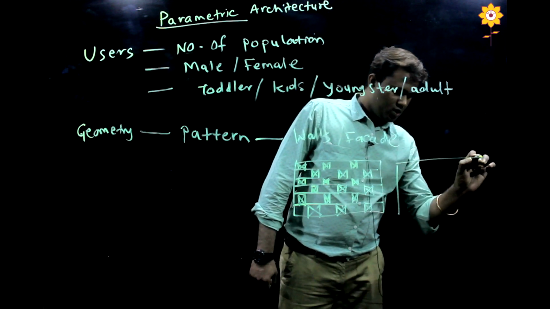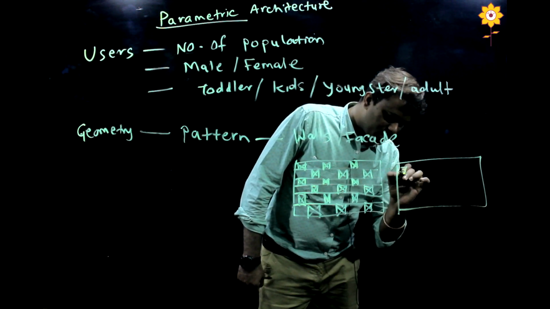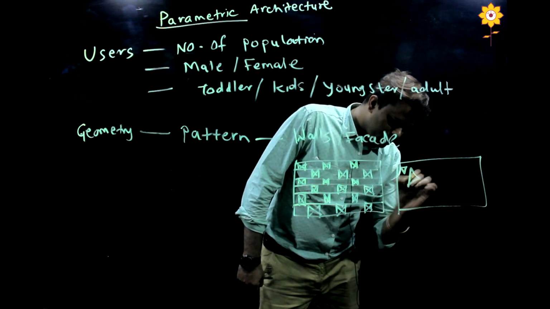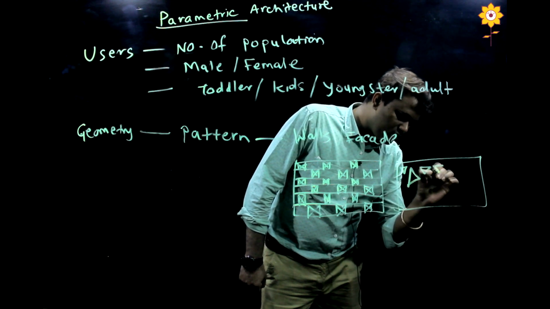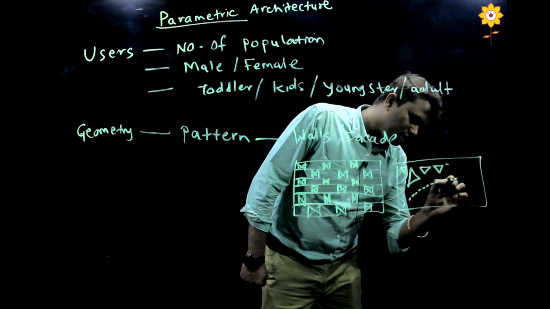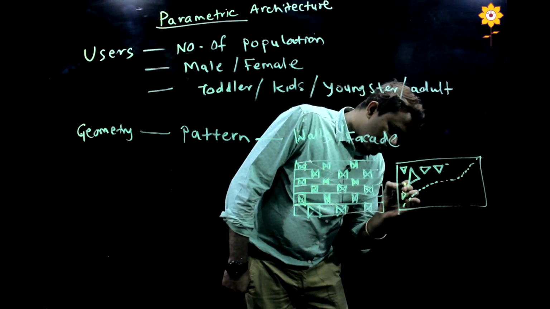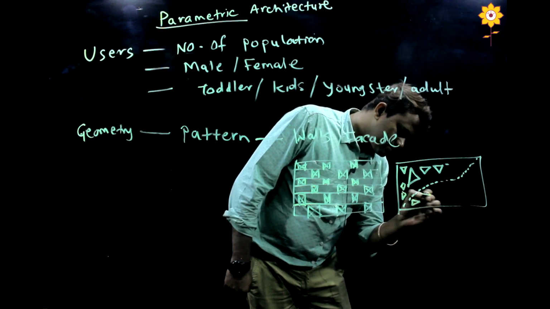Or suppose this is my pattern, with triangles developing around one of my mathematical patterns. I am considering this a curvilinear thing, and around that I am creating the triangles.